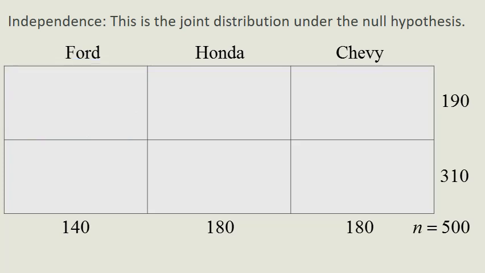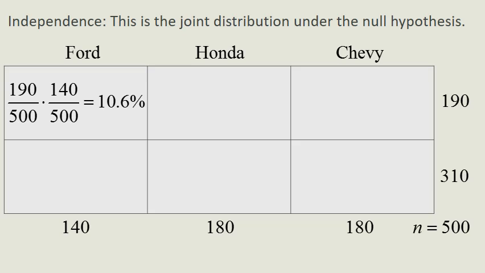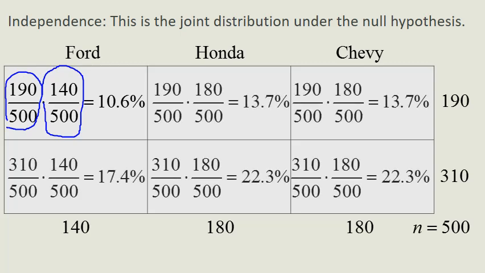It would be the probability of being loyal, 190 over 500, times the probability of being a Ford customer, 140 over 500, or 10.6%. And we can continue like this through the rest of the table.